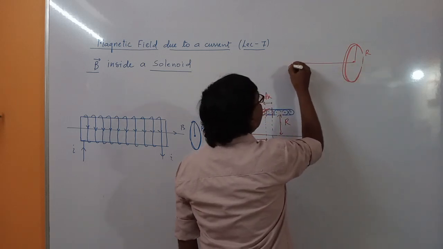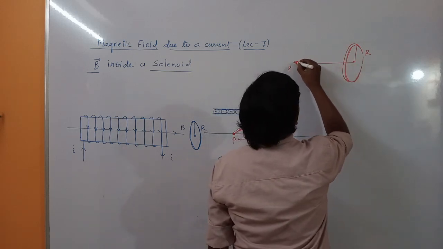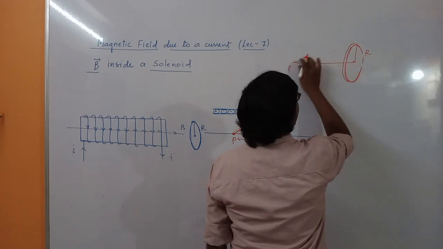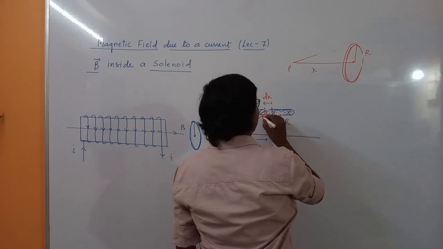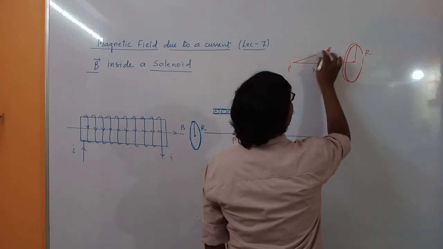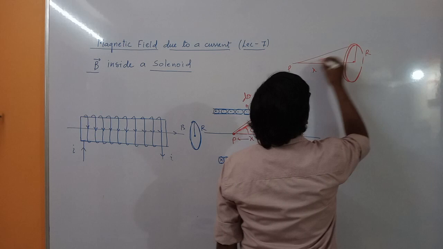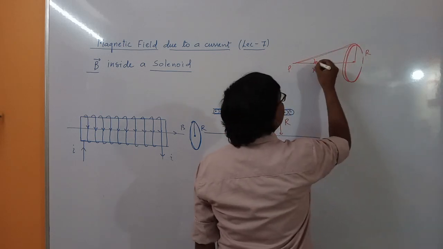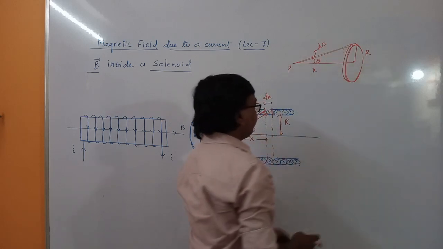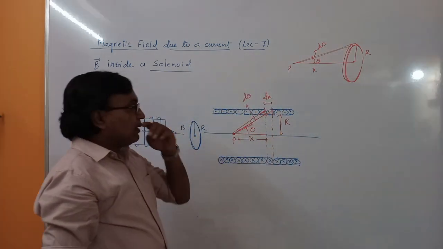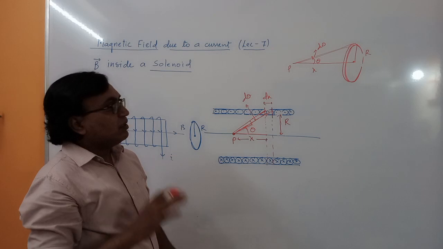This is point P, which is at a distance of x. So we'll go on increasing. So this is theta, and this angle is d theta.